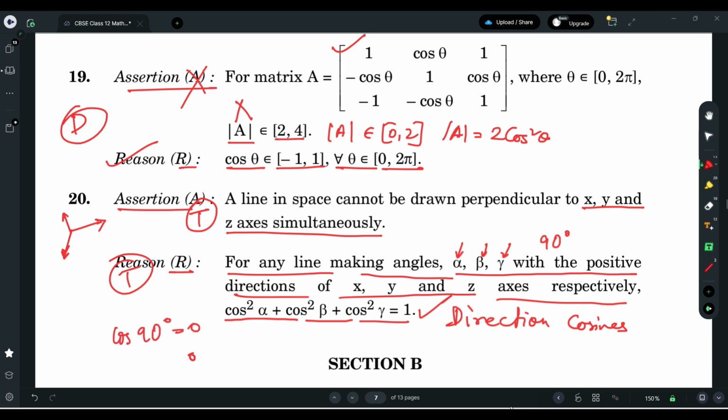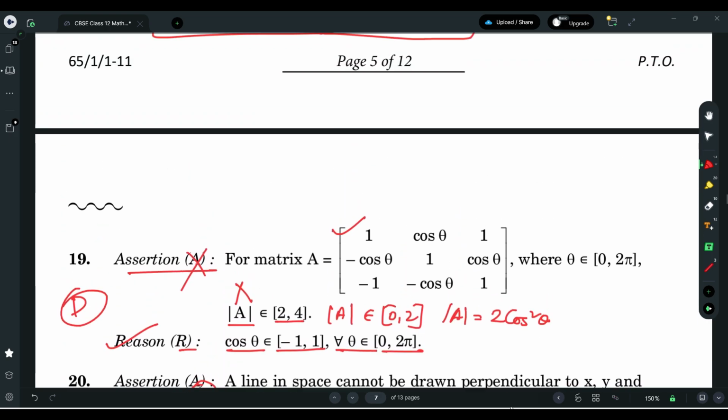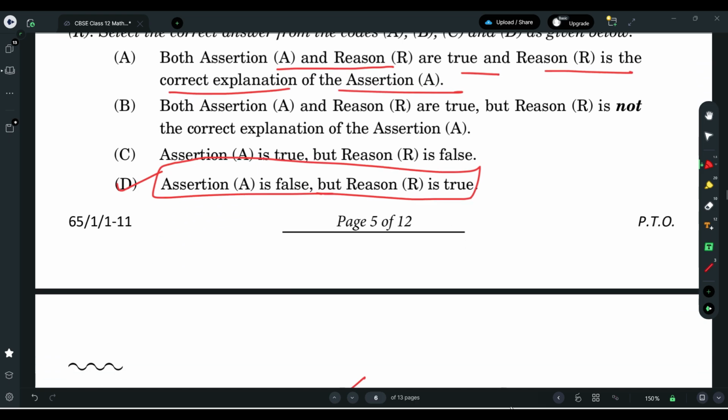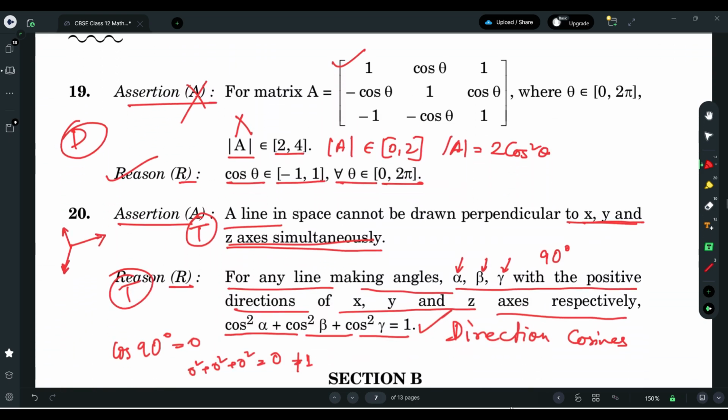So 0 square plus 0 square plus 0 square will be 0, not equal to 1. That means a line in space cannot be drawn perpendicular to the x, y, and z axes simultaneously, and this is the correct explanation. So option number A would be correct: both assertion and reason are true, and reason R is the correct explanation of assertion A. So for 20, A is the correct option. Okay.